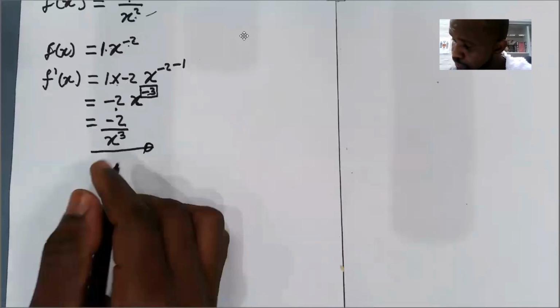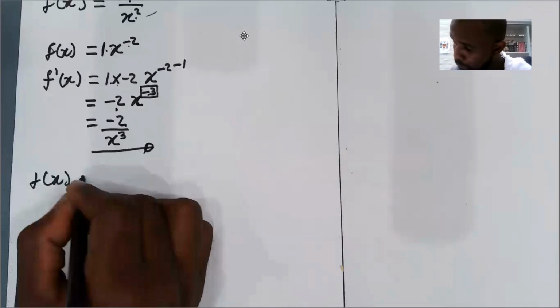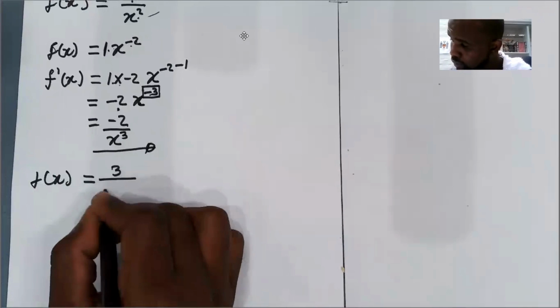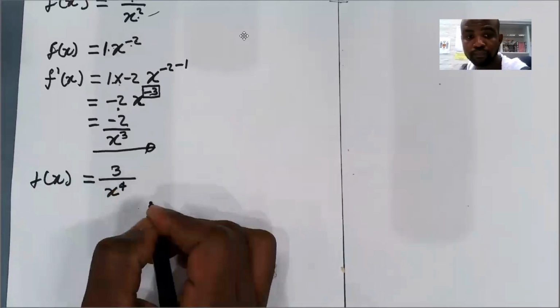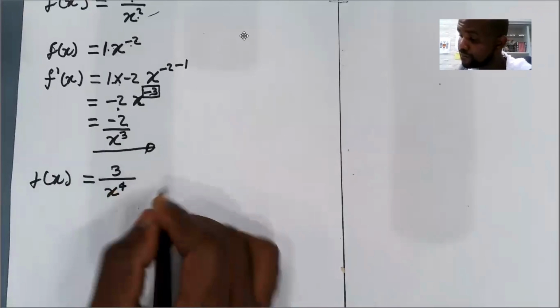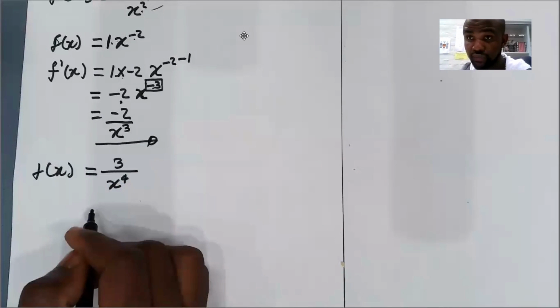Let's continue. We have f at x equals 3 all over x to the 4. Hope you see it. Let's derive. No, we can't derive now, because our variable x is in the denominator.